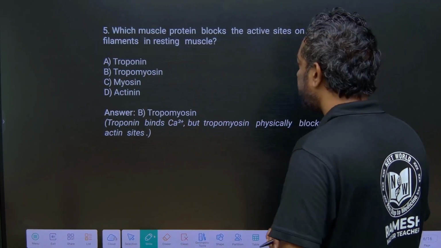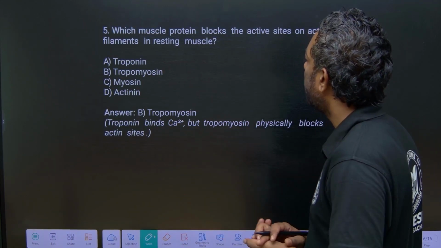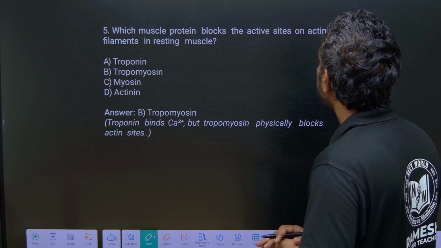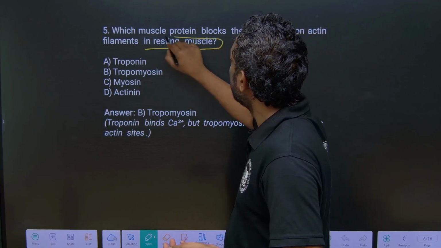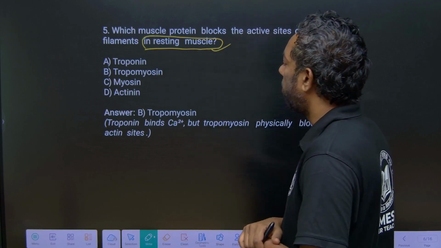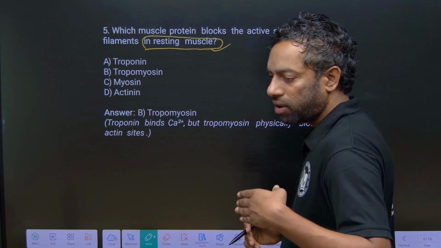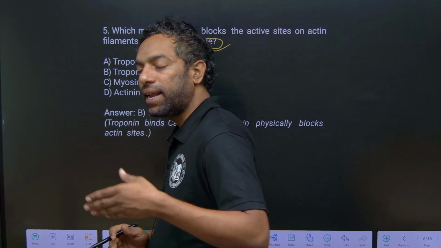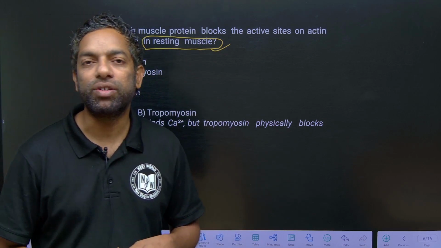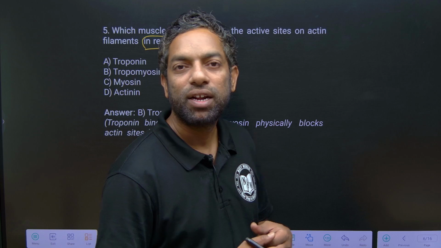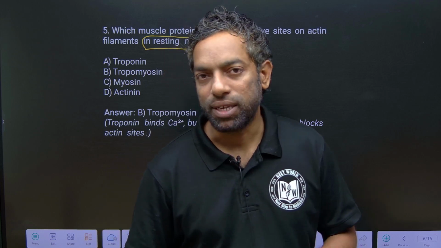Next question. Which muscle protein blocks the active site on the actin filaments in resting muscle? There are contractile proteins and regulatory proteins. The contractile proteins are actin and myosin; the regulatory proteins are troponin and tropomyosin.